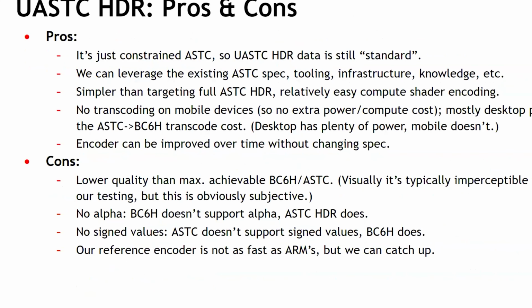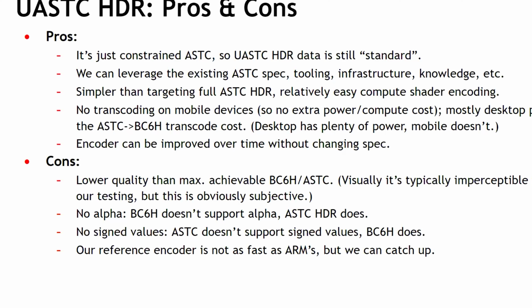Okay, so I'm just being upfront in these slides. There are pros and cons. It's all about trade-offs. So the pros: it's constrained to ASTC, so we can leverage the existing ASTC spec from Khronos, all the existing tooling, infrastructure, knowledge, etc. It's simpler than the full ASTC format, so it's relatively easy to write an initial encoder for.